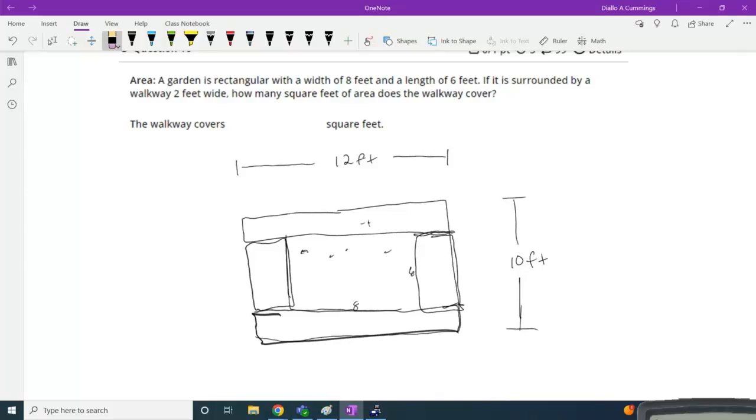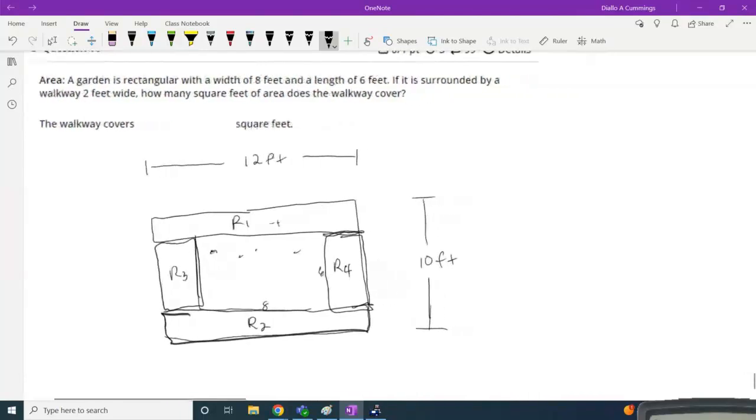All right, so it looks something like this. I'm going to call this rectangle 1, this rectangle 2, this rectangle 3 and rectangle 4.